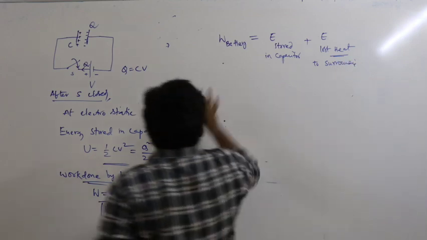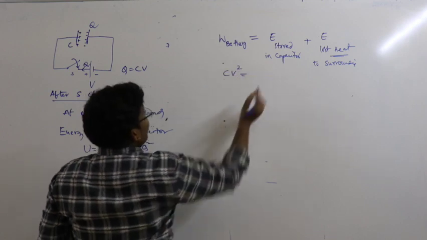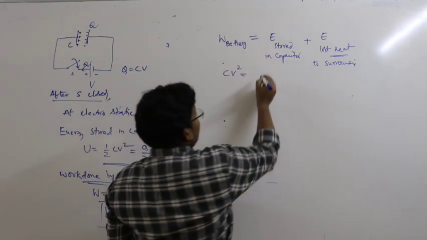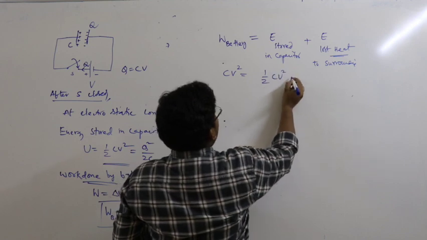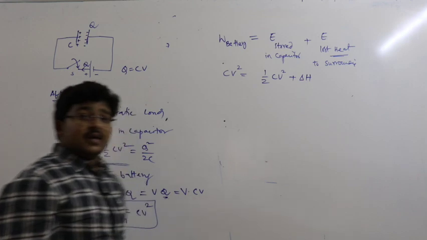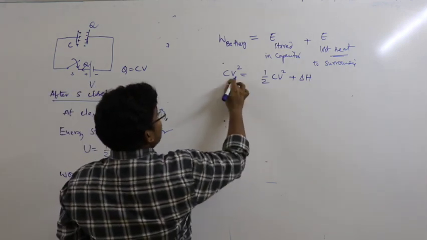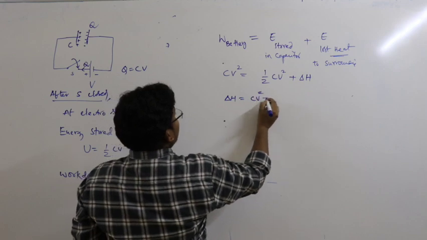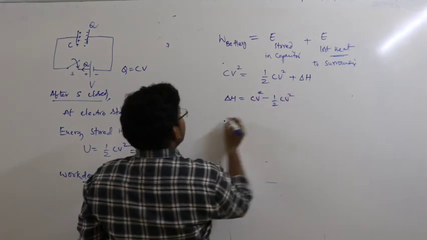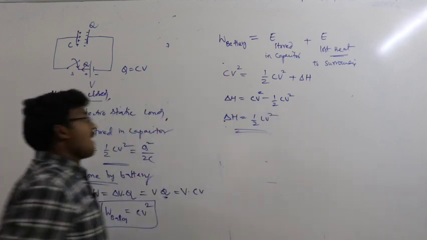So the total work done by the battery, CV square, equals the energy stored in the capacitor, half CV square, plus the heat lost, delta H. Delta H is the heat lost to the surroundings. Now what is delta H here? CV square minus half CV square is equal to delta H, which equals half CV square.